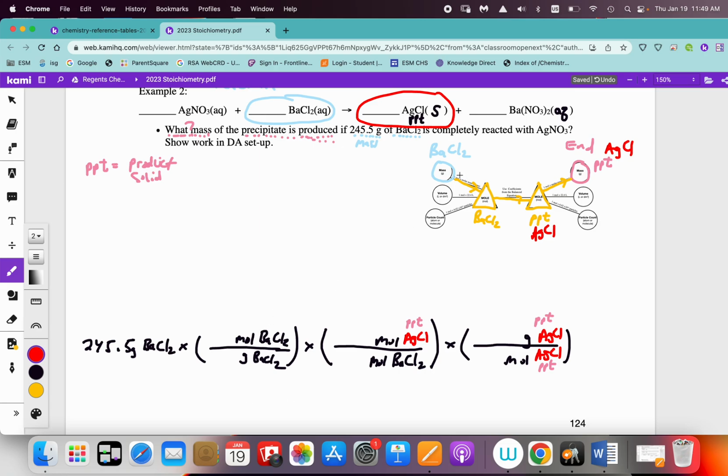So take a look. To go from mass to mole of the same substance, that means I need GFM information. So 1 mole of barium chloride is equal to the GFM of barium chloride.